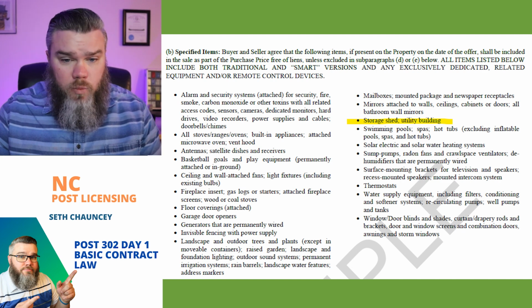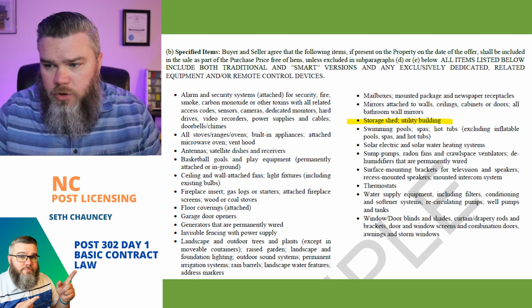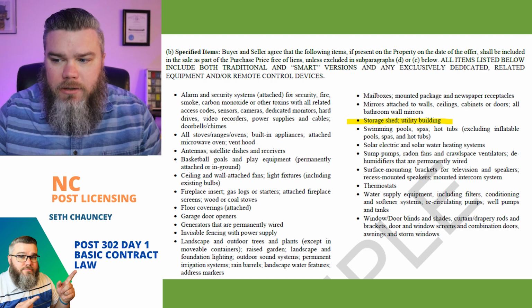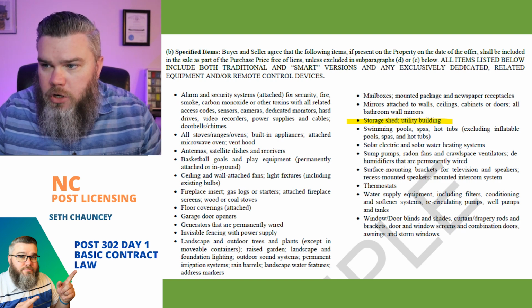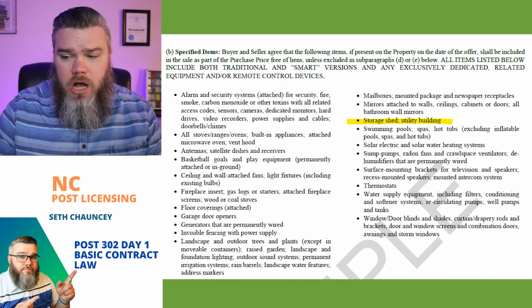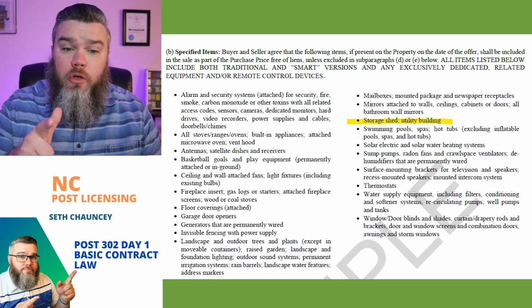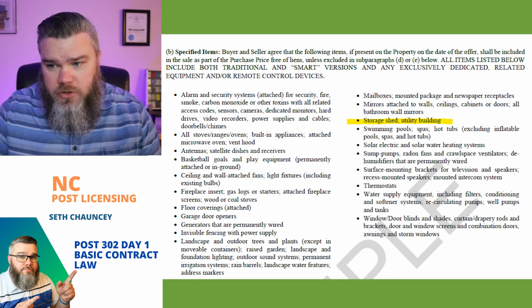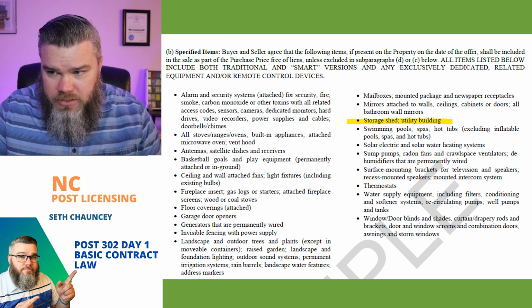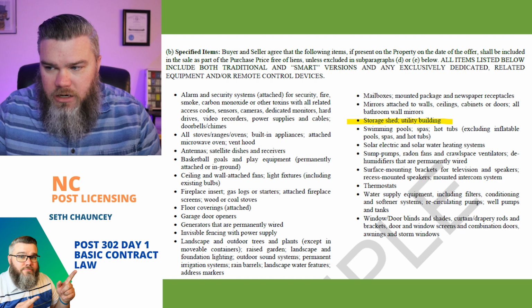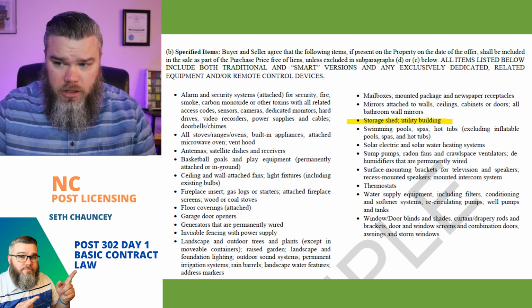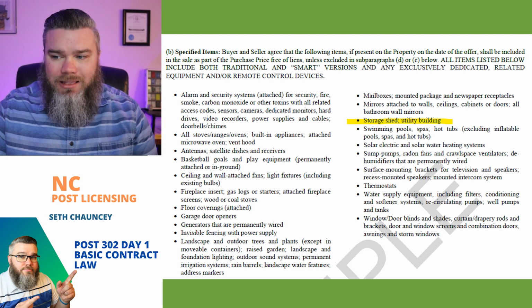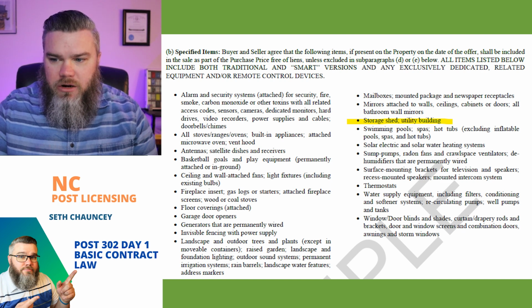So look right here, and we're going to spend a lot of time on this, so this is just a real quick point I'm making. When you look at this sales contract, which we use in almost all the transactions, not all, but almost all, buyer and seller agree that the following items, if present on the property on the date of the offer, shall be included in the sale as part of the purchase price free of liens, unless excluded in subparagraphs D or E below.